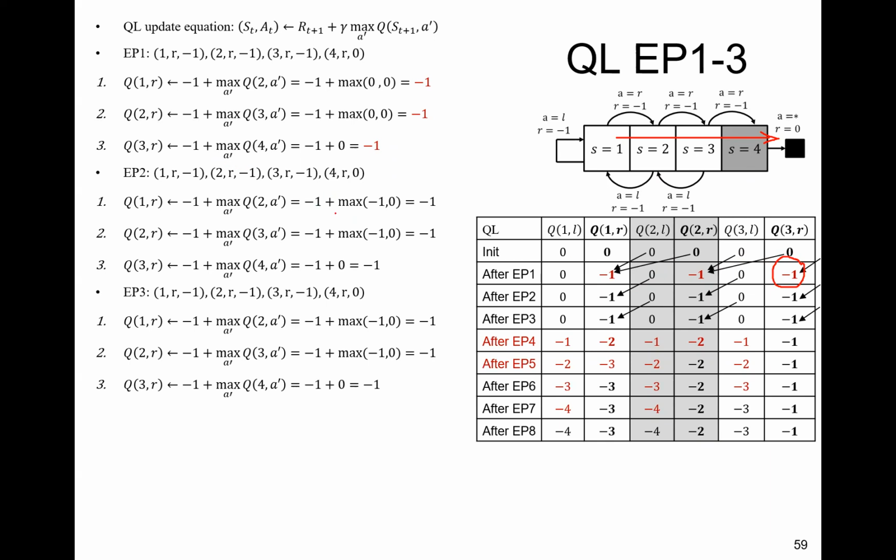Every time, the -1 is overshadowed, dominated by the 0 of Q3 left. So it's kind of optimistic Q value initialization. At S equals 2, you think that from 3 there's a better action with a higher Q value of 0, so you disregard the -1 of Q3 right.